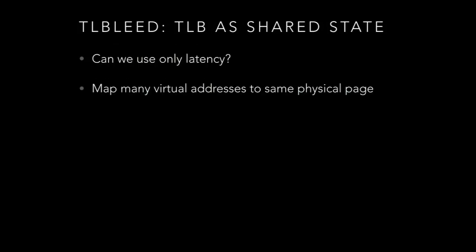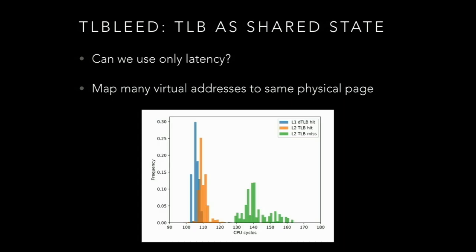Now that we know the structure, we can't use performance counters if we're an attacker, because that's privileged and too slow. So can we tell the difference between hitting and missing L1 and L2 using only latency? It turns out that we can. Here's a histogram of L1 hits in blue, L1 misses and L2 hits in orange, and L2 misses in green. You can see there's a big difference there.